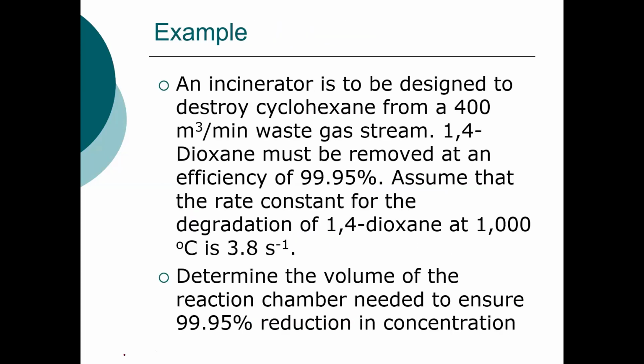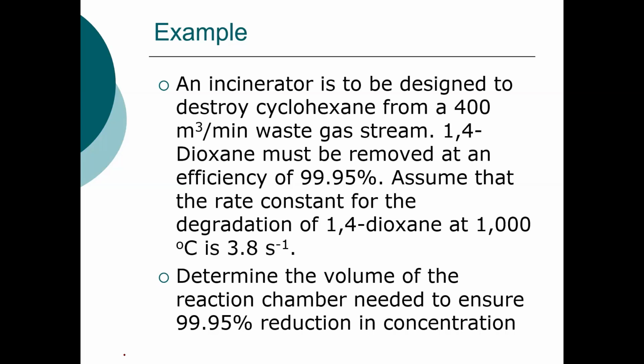So we do a simple problem here. We have an incinerator that's designed to destroy cyclohexane from a gas stream. The flow rate of the gas stream is 400 cubic meters per minute, and the efficiency needed based on regulatory constraints is 99.95%.